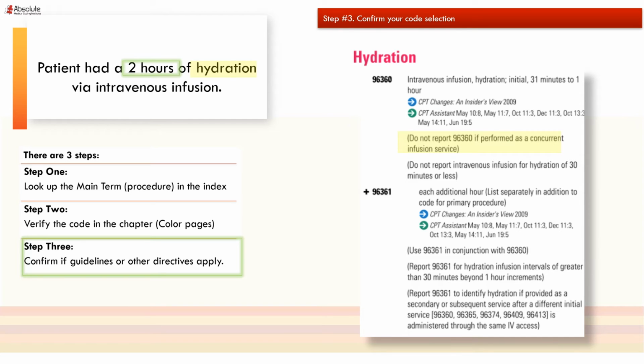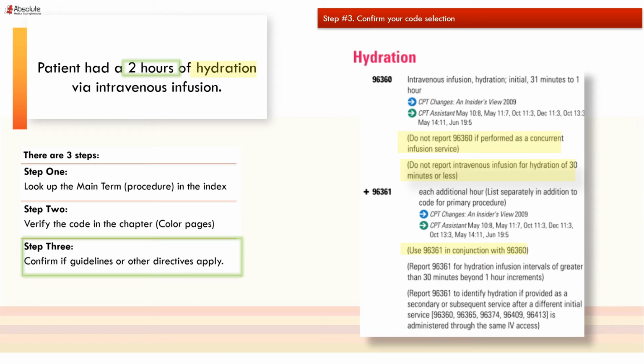Under 96360, there is a parenthetical guideline that says do not report 96360 if performed as a concurrent infusion service. It doesn't mention anything about that in our scenario, so that guideline doesn't apply. It also says do not report intravenous infusion for hydration of 30 minutes or less. We know it's more than 30 minutes here, so that doesn't apply either.